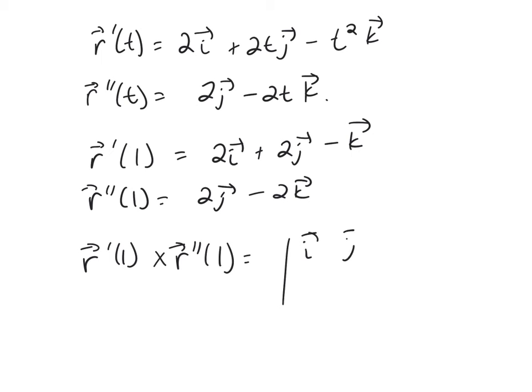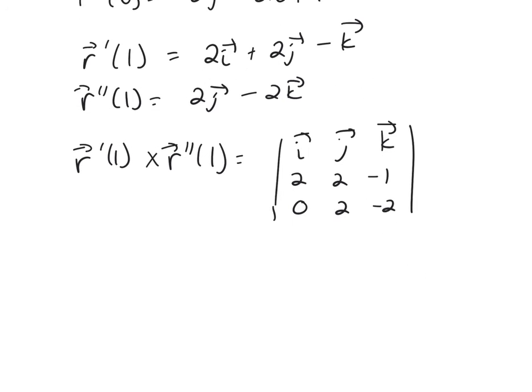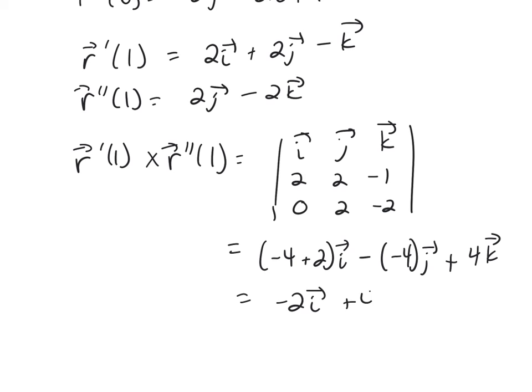So i, j, k, write down the vector r prime first, 2, 2, negative 1, then 0, 2, negative 2. So you're going to find this cross product. And if you do, you should get negative 4 minus a negative 2, so negative 2i, minus a negative 4j, plus a 4k. So you're getting negative 2i plus 4j plus 4k.